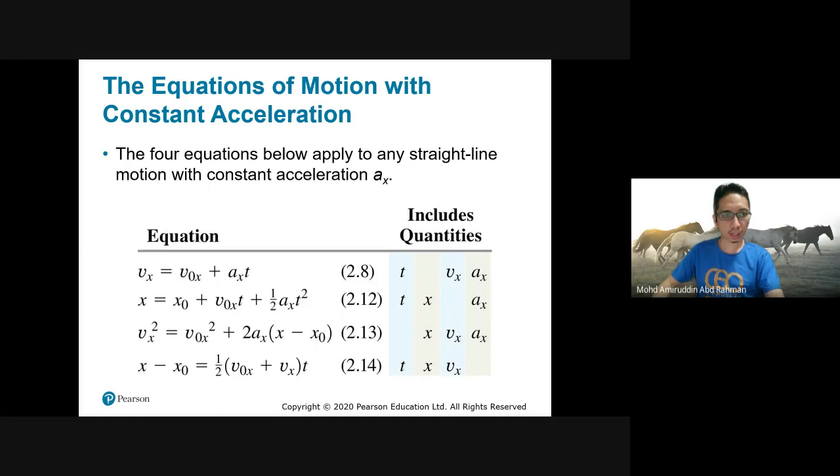So x minus x naught, you obtain this term.